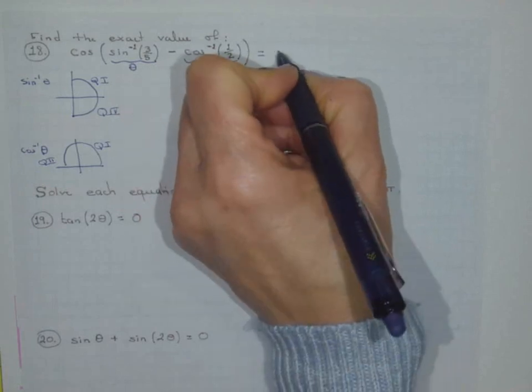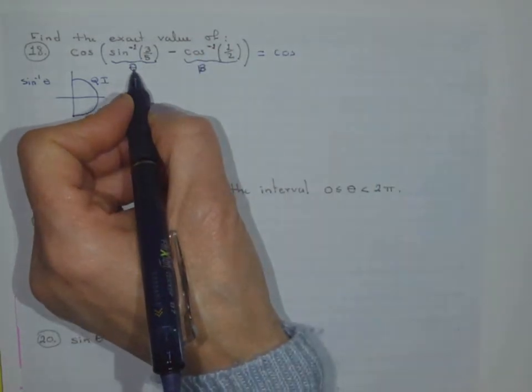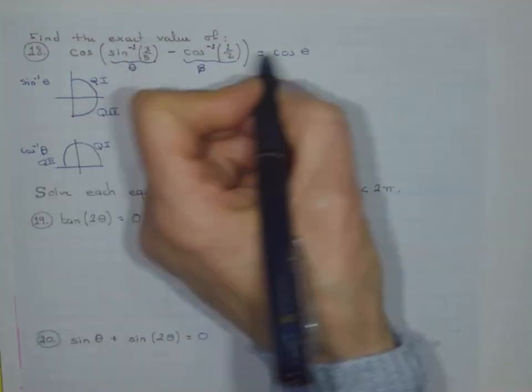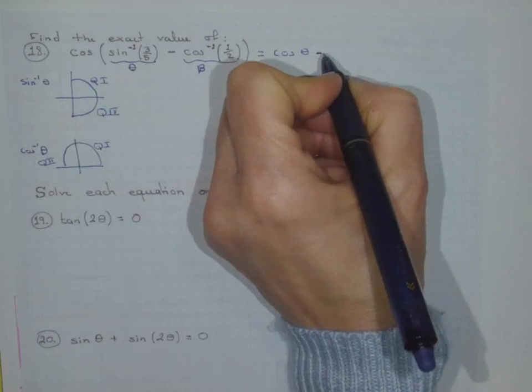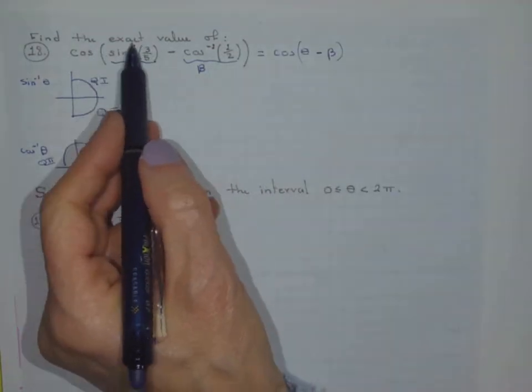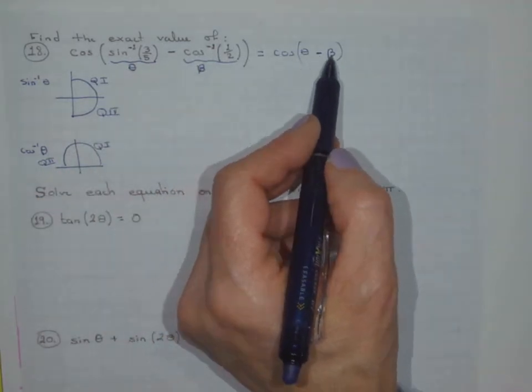So that will be equal to cosine of some kind of angle, I'm going to use angle here so it's easier to write, minus another angle. That's what I have, right? This is an angle, this is another angle. So that's what I have, cosine of an angle minus another angle.